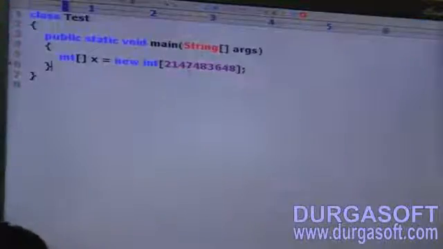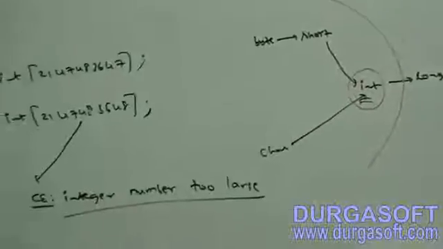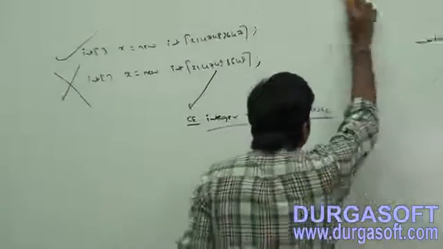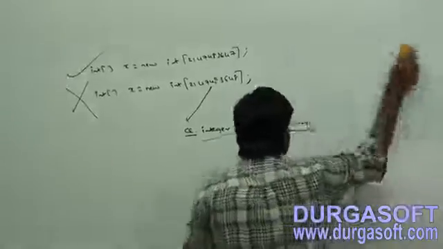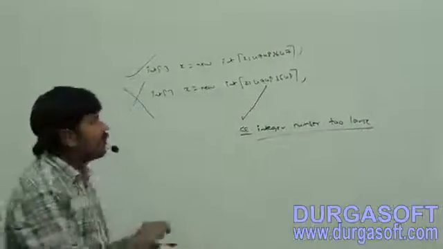Now I want to provide another small clarification. Here, the first one is valid, but maybe there is a chance of problem even in the first case. It doesn't mean you are compulsorily going to get it. What is the problem?